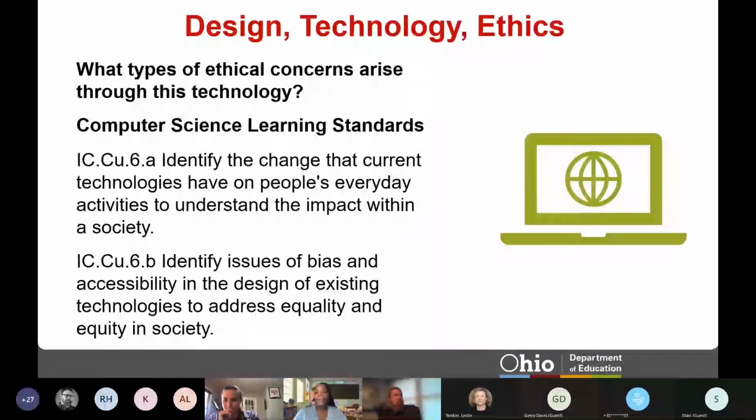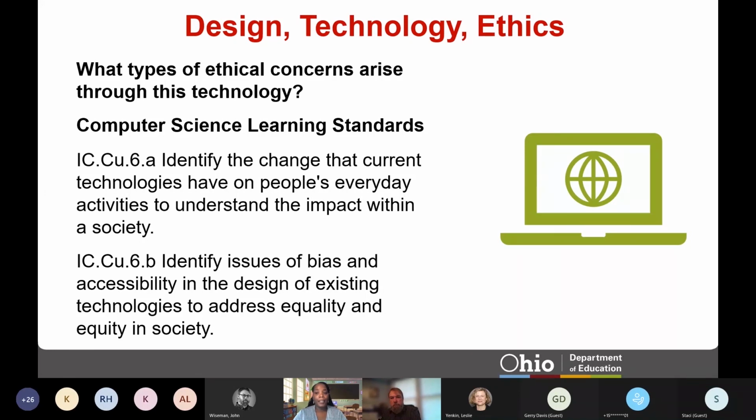For computer science, it connects to the impacts of computing strand. CUCA, we can identify the change that precision agriculture has on the end user's everyday activities to understand the impact, positive and negative, within a society.